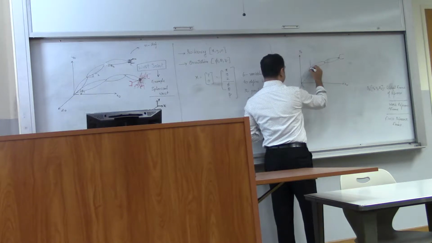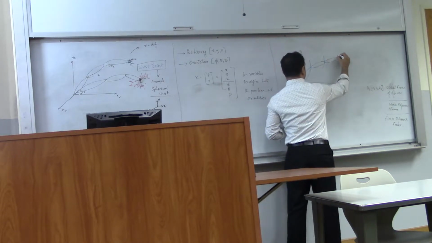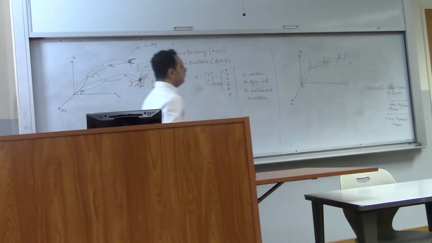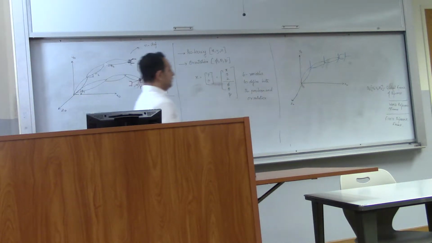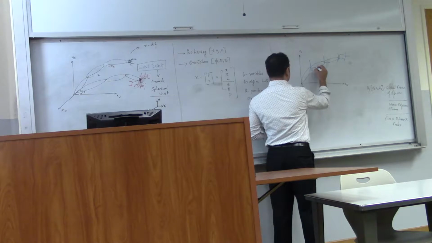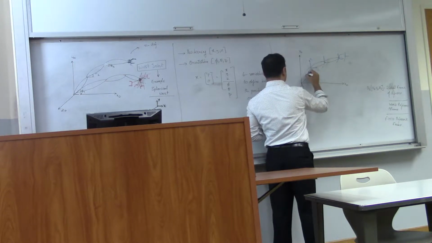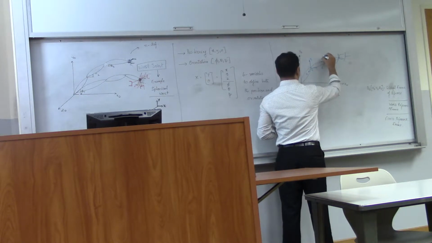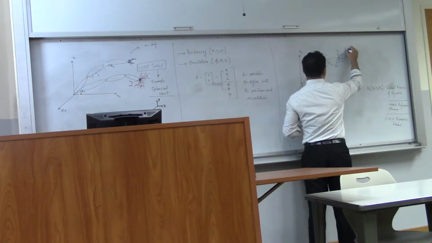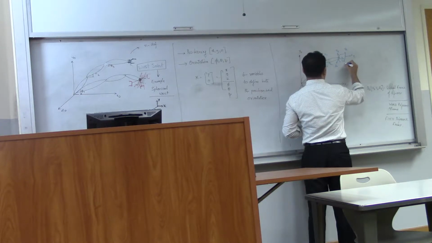So this will be O1, X1, Y1, Z1, O2, X2, Y2, Z2. Here we'll have O3, X3, Y3, Z3. And the last one we'll call YE, XE, which is the end effector, and ZE.